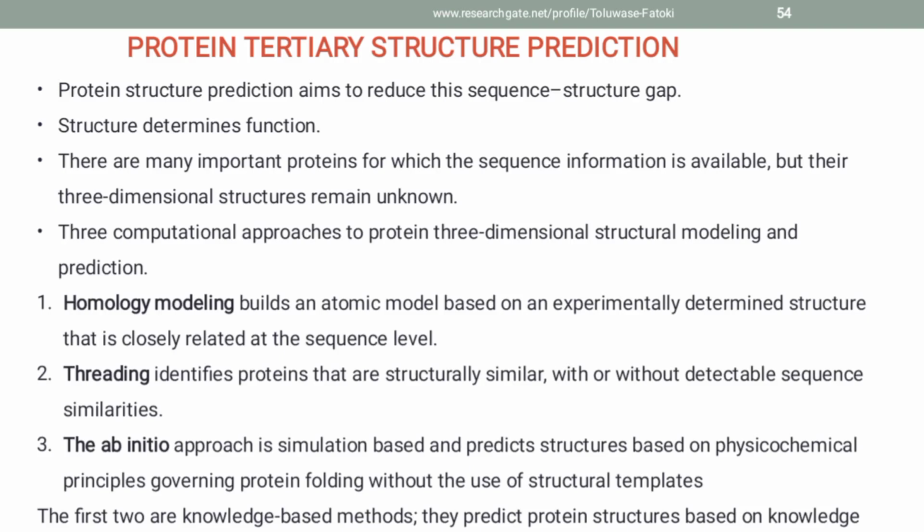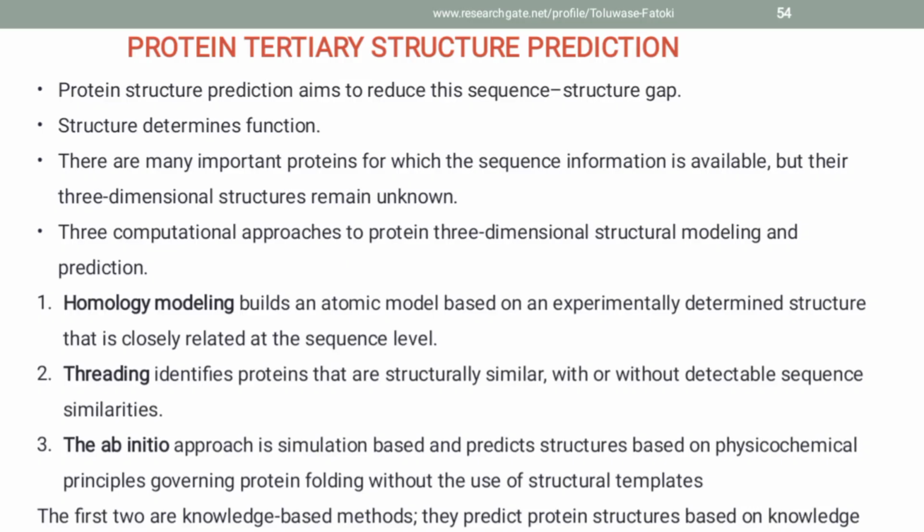Then we have another one which is threading. This one identifies proteins that are structurally similar with or without detectable sequence similarity. And then we have the ab initio approach, which is a kind of simulation-based approach that predicts structure based on physicochemical principles governing protein folding without the use of a structural template.